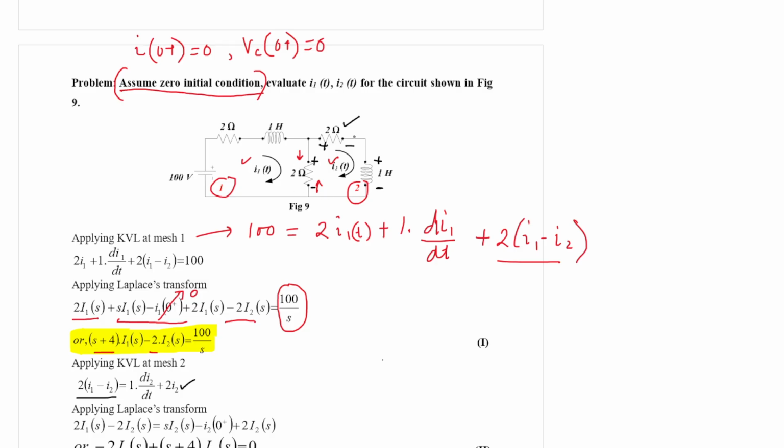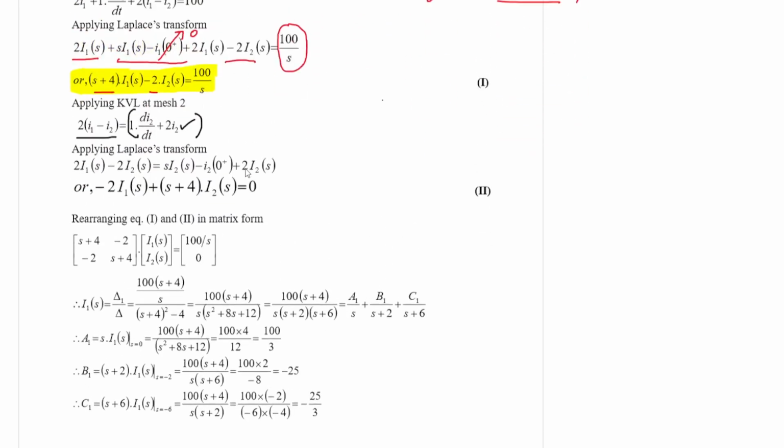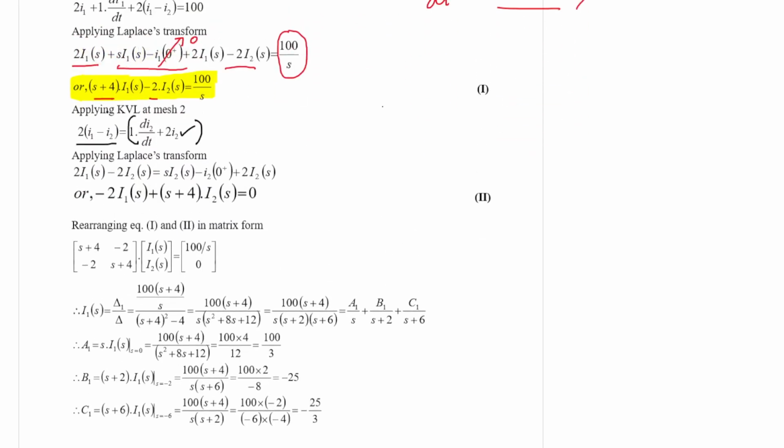So if you follow the polarity, then for the 2 ohm and 1 Henry, the voltage drops across these two elements are additive, so they are added here, and the voltage across the shared 2 ohm resistor will be subtractive with respect to the remaining two, so it is written on the other side of the equation. Now if you apply Laplace transform, 2(I1 minus I2) becomes 2I1(s) minus 2I2(s), then 1 dI2/dt becomes sI2(s) minus I2(0+).